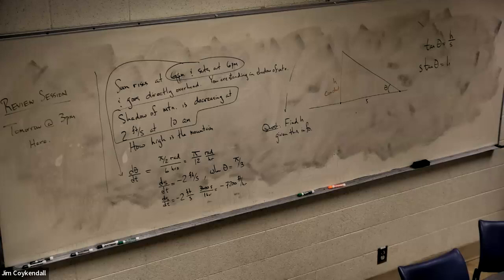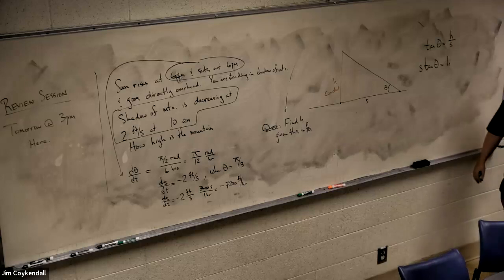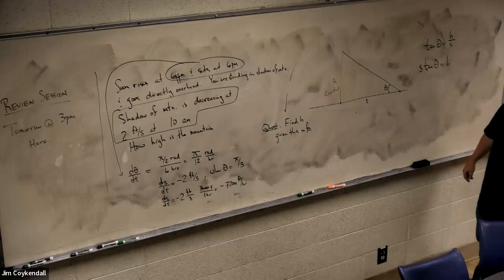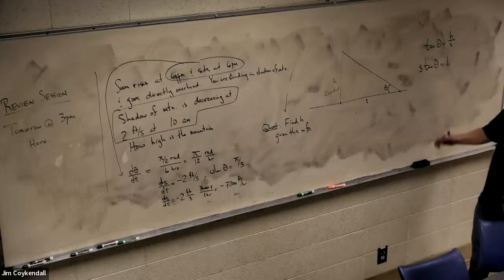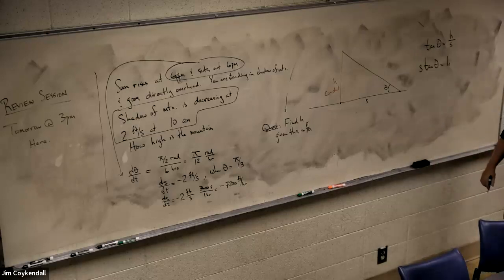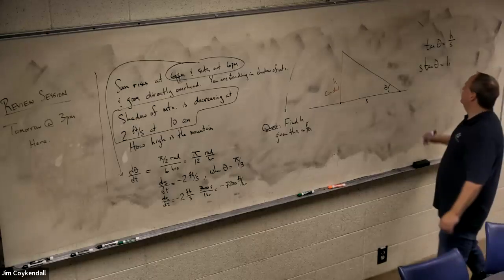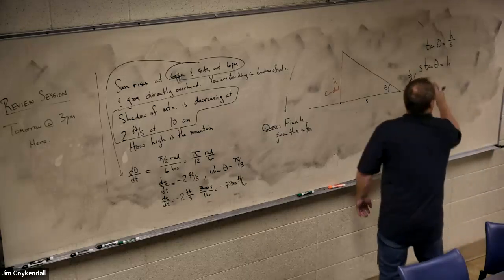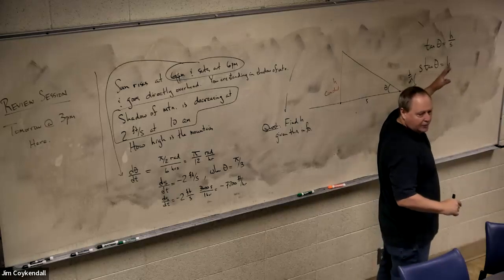Well, I think I've milked this thing dry as far as getting information out of it. I know I'm looking for H. I've got this equation. Let's just take a derivative and see what falls out of this. Okay, this right here, S and theta are both changing, right?